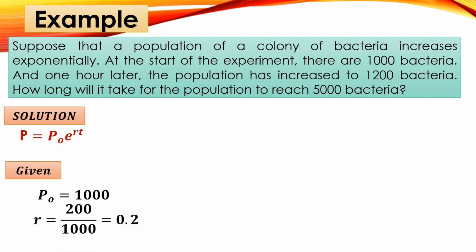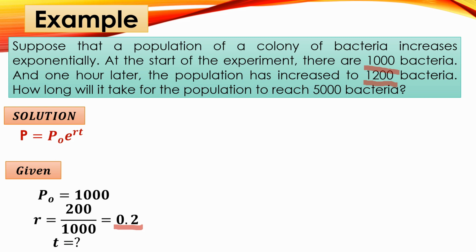Then, paano daw makukuha yung rate? Kasi sabi daw, after 1 hour, naging 1,200 na. So, 1,200 minus 1,000. So, ibig sabihin, nag-increase ng 200. Divide by the initial number of bacteria, which is 1,000. Kaya 200 divided by 1,000, so our rate now is 0.2.